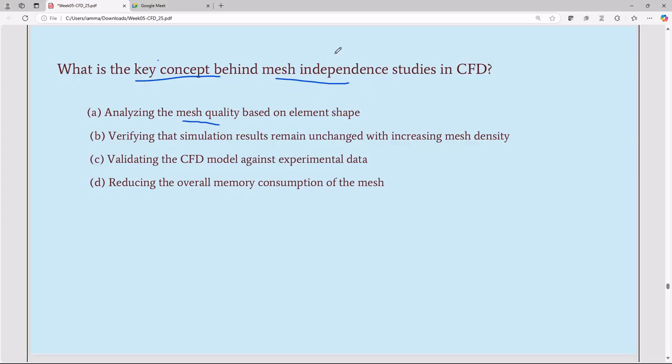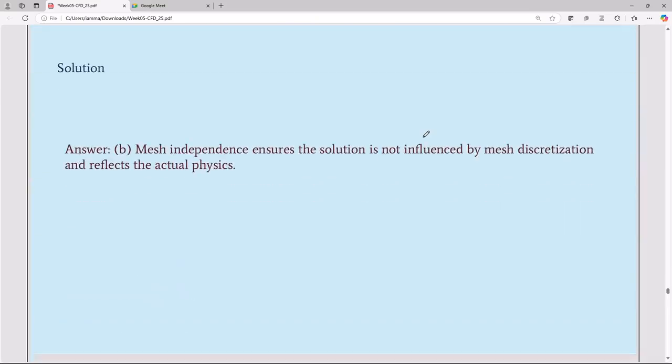The key concept of mesh independence is independence from the mesh properties. That is the key. From the name itself, we can understand. So our answer is option B, verifying that the simulation results remain unchanged with increasing mesh density.